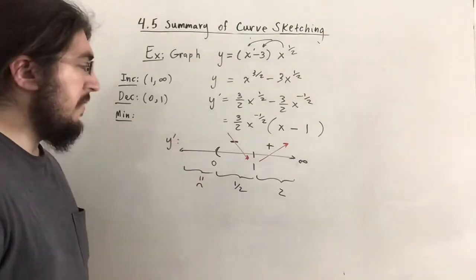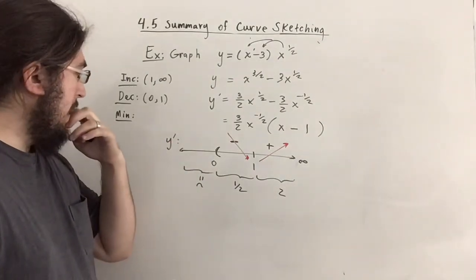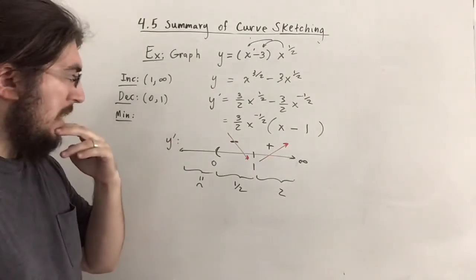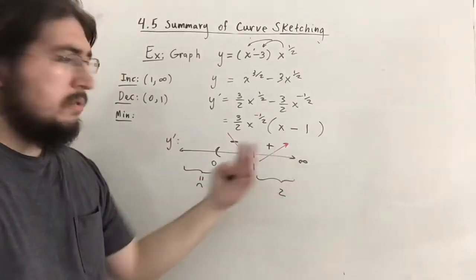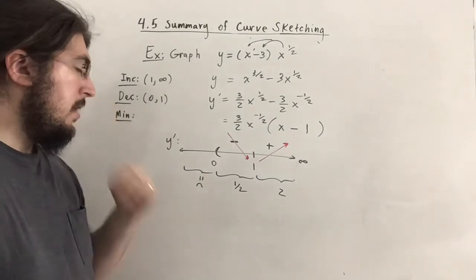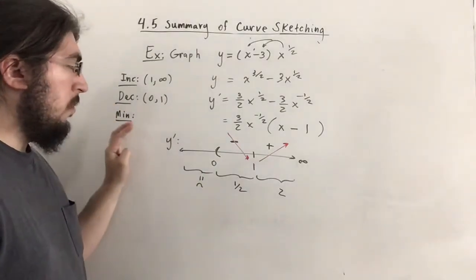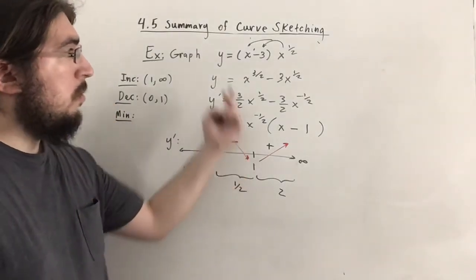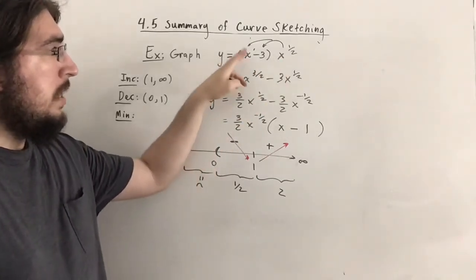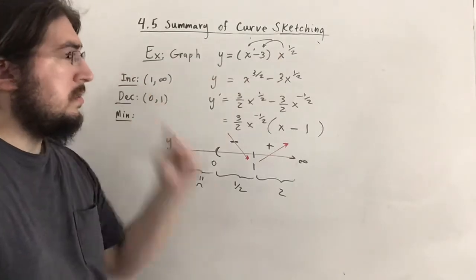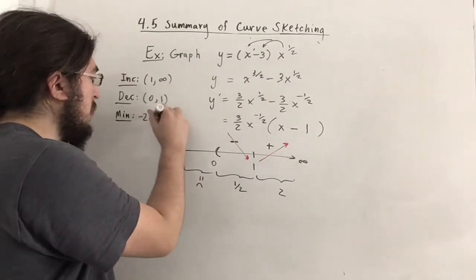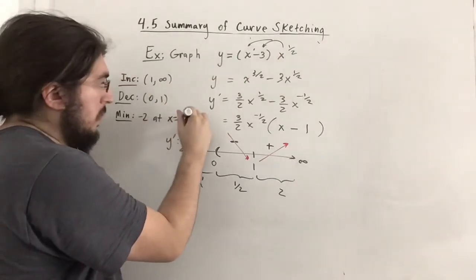We'll find out when we graph and put it together. In fact, I think we can tell it has to be absolute because it doesn't go down below this. There's no other minimum. Okay, and it's at 1. So what is the value at 1? When you plug 1 into the original, you get 1 minus 3, which is negative 2. Negative 2 times the square root of 1 is just negative 2 times 1. So it's negative 2 at x equals 1.